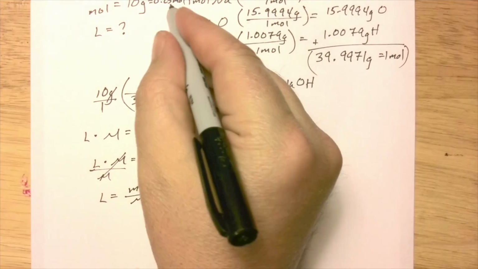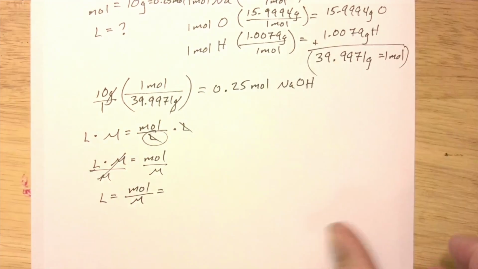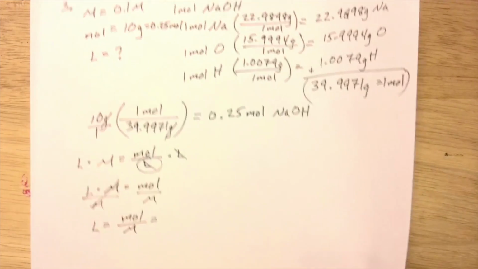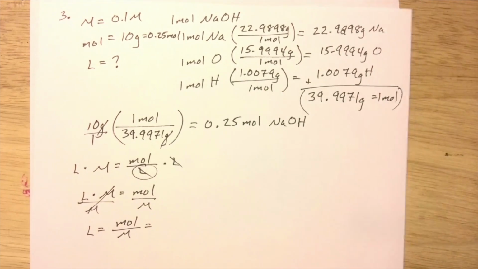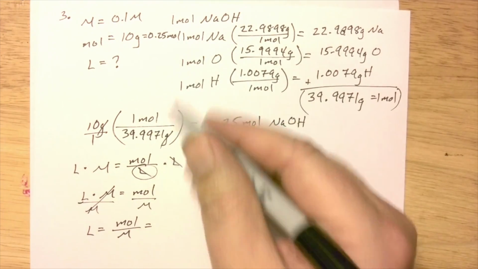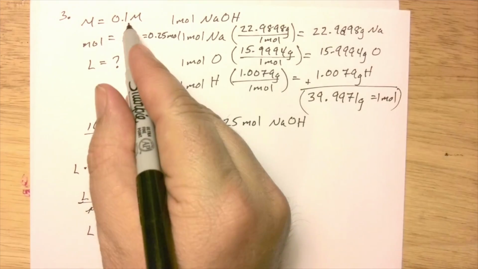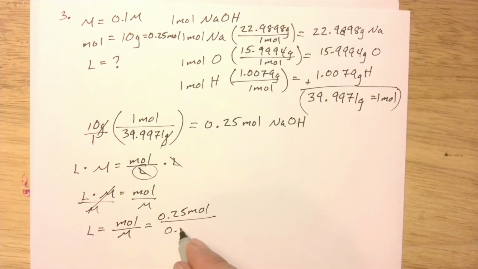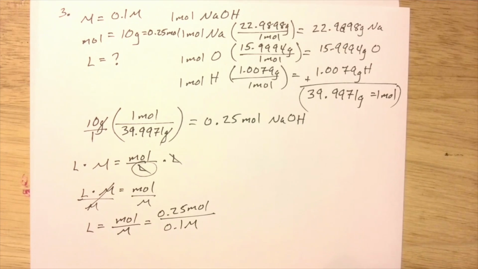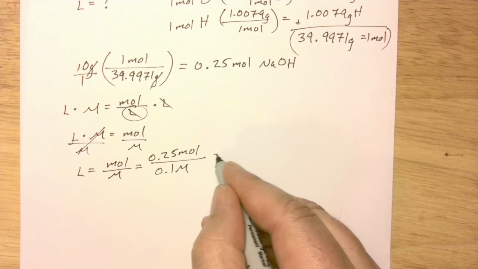So my moles is 0.25 moles. Okay, so my moles is 0.25 moles, and the molarity is 0.1 molar. Now again, if you look at the unit for molarity, a molarity is actually a mole per liter.